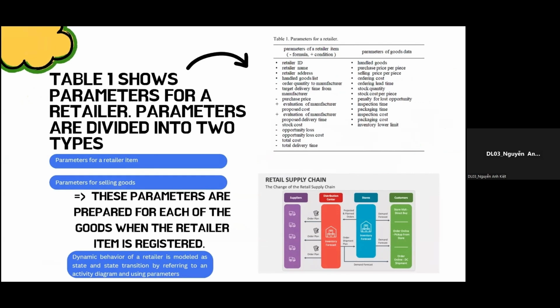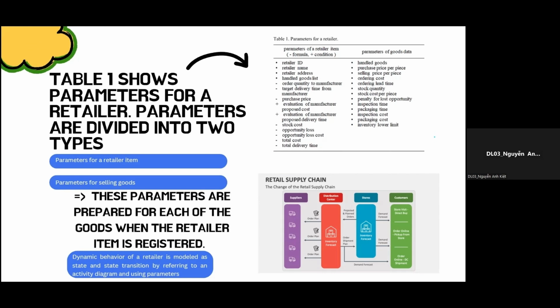Parameters are divided into two types. The first one is parameters for a retailer item, meaning they are referred to in the activity simulation of the behavior part and affect the retailer behavior. Concrete values for the first type are provided when the retailer item is created from the template, as a fixed value, a formula including variables, or conditions with variables.